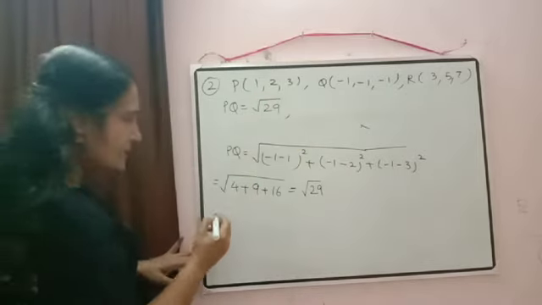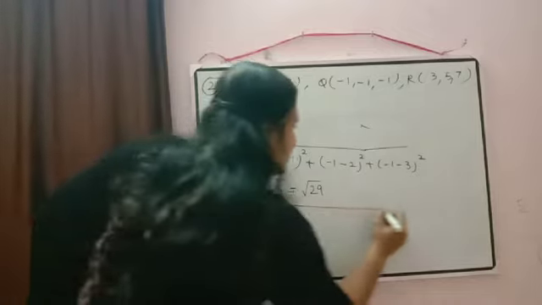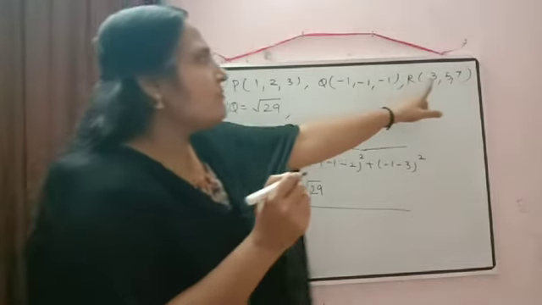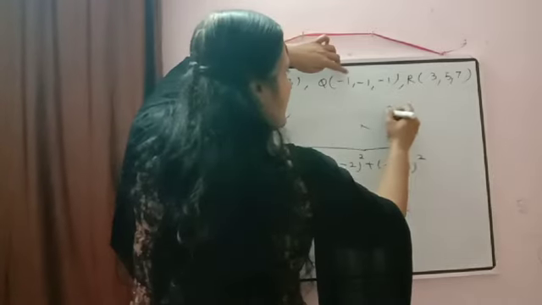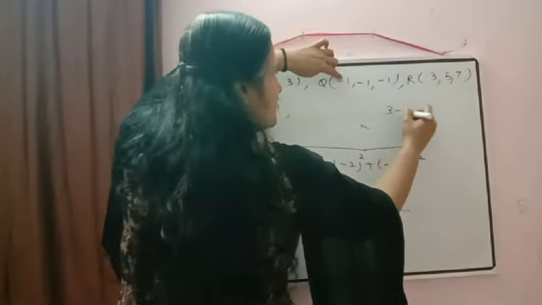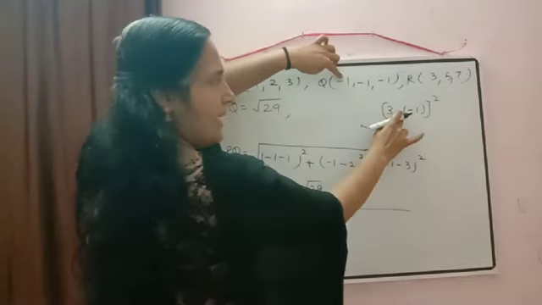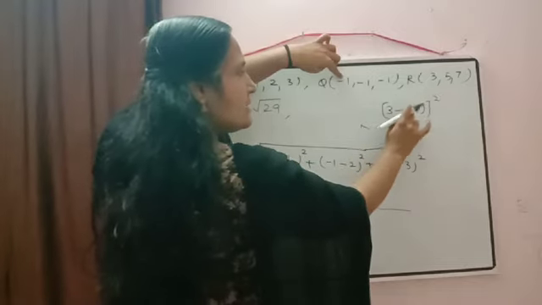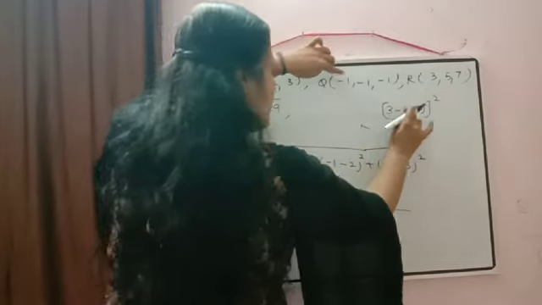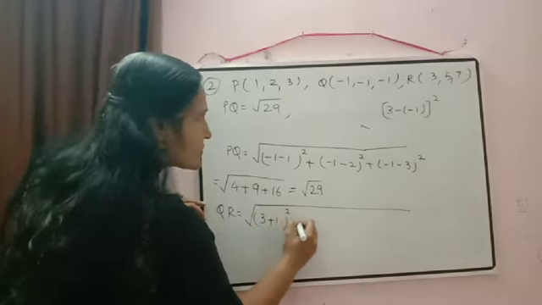Now we will check the distance QR. QR is equal to square root of, again, x2 minus x1 the whole square. 3 minus, already this one is negative, so minus into minus will be equal to plus. We will get 3 plus 1 the whole square.